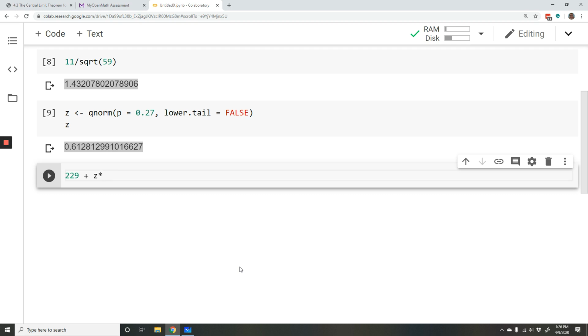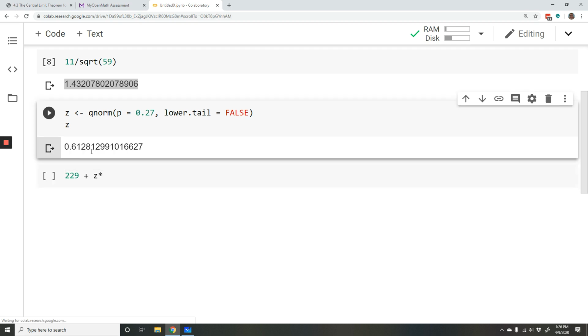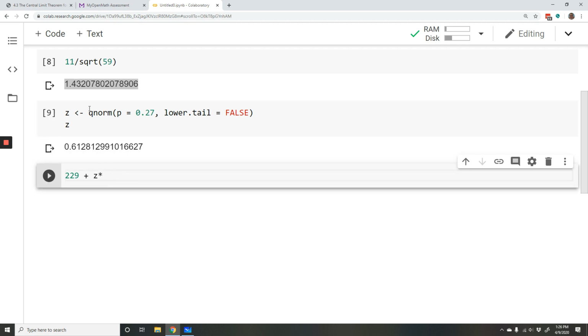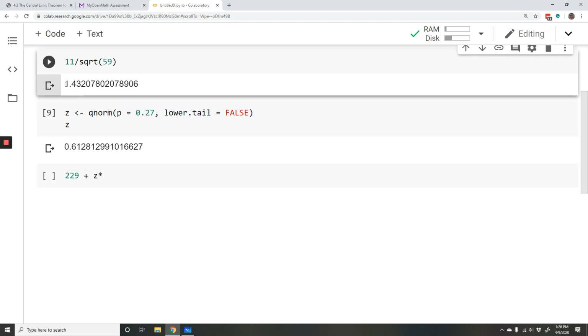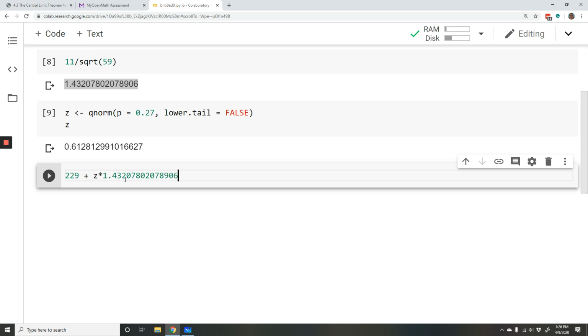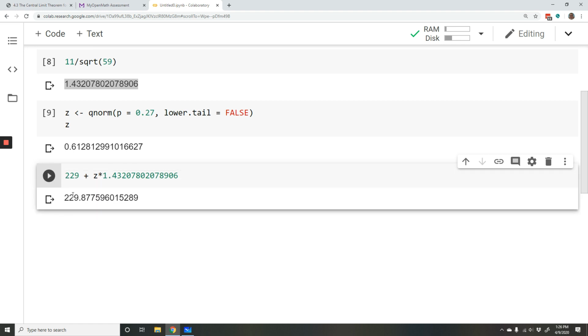But that's our 0.6128 right here. Okay, and then times our standard deviation. So this is our standard deviation of sample mean. So that's the one I'm going to use. I didn't store it in a variable, so I'm just going to copy and paste it. Okay. Run that.